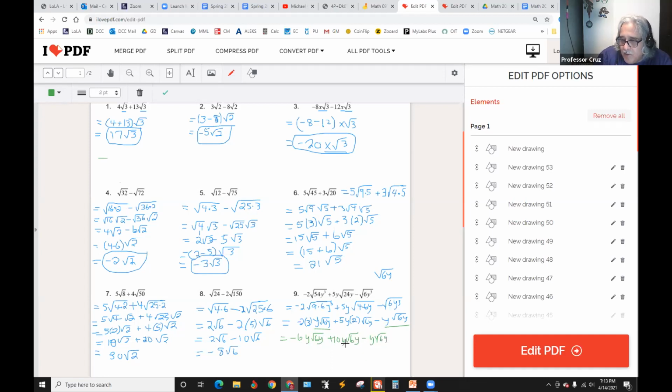All right, so again, see, that's the part that's alike. So what do we have left? We got negative 6, we got plus 10, and we got a negative 1 y square root of 6y.